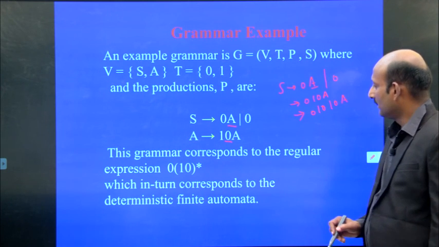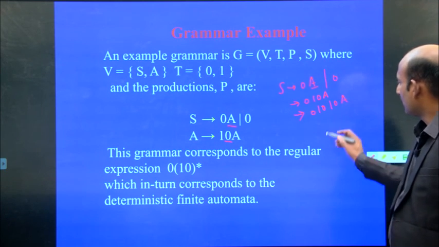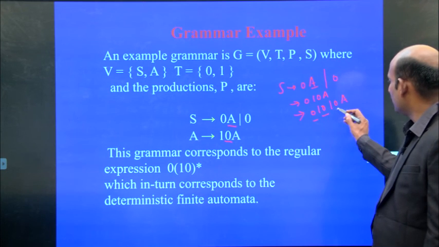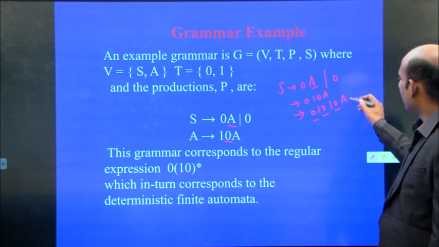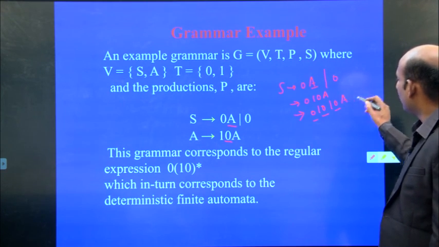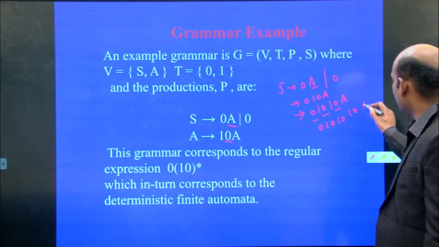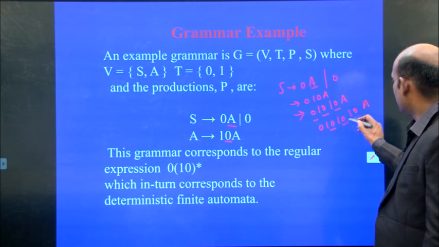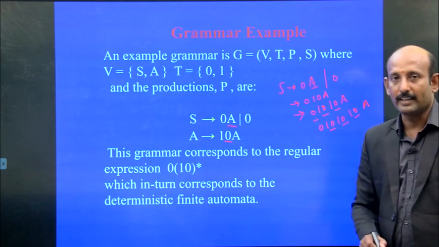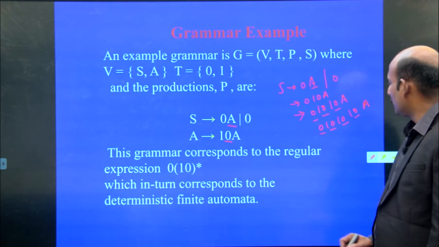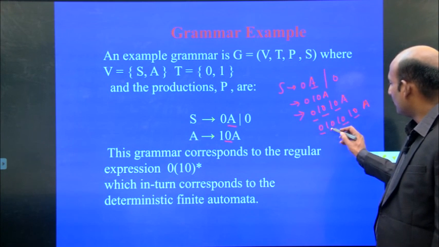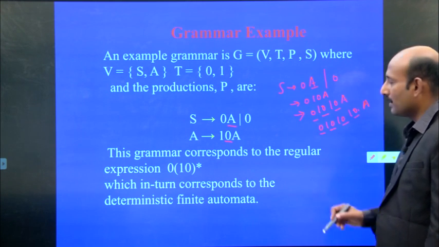It is going on like that. So what is coming? First 0, then followed by 1 0 1 0. If we apply it again, you may get 0 1 0 1 0 1 0 A like that. So if you apply recursively, the string begins with 0, then followed by 1 0 a number of times.